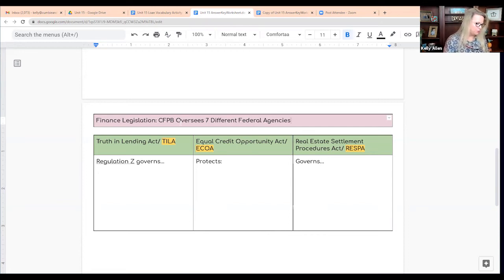The CFPB is responsible for making sure the rules are enforced when it comes to the Truth in Lending Act, RESPA, the Fair Credit Reporting Act, and the Equal Credit Opportunity Act.